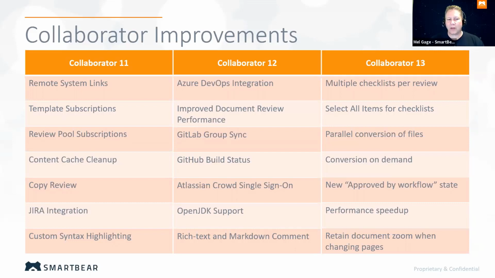And that process has been a little lackluster up to now. And once we bring documents in, we're going to see some new indicators showing those document conversions going on. And we're going to see how we can jump right into those documents and begin review, even though Collaborator is still doing the process work on the back end. That's part of that performance speed up.